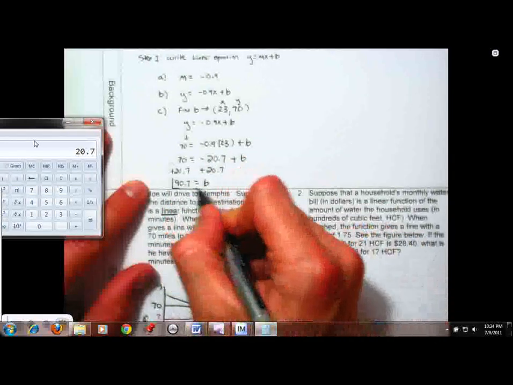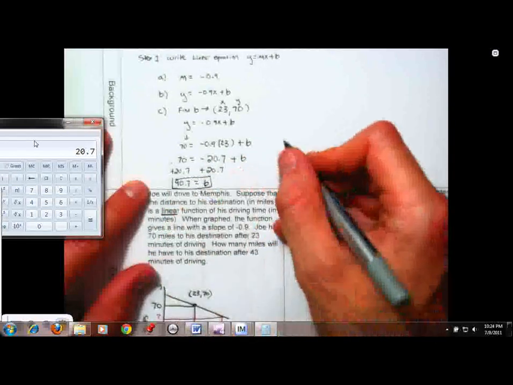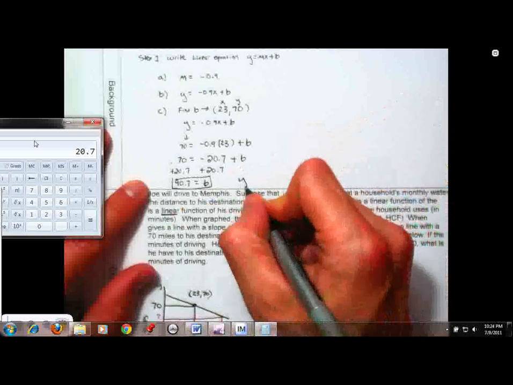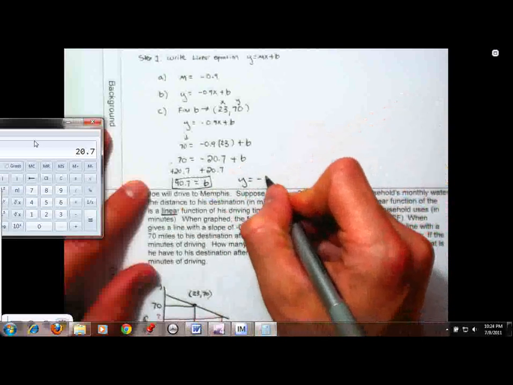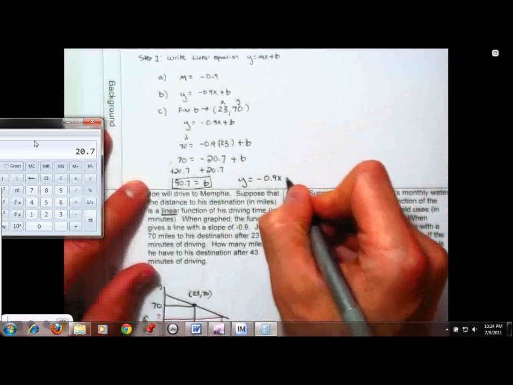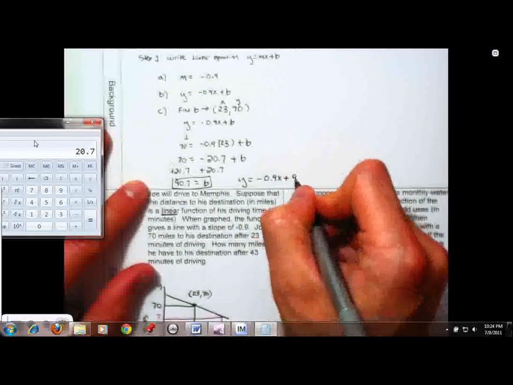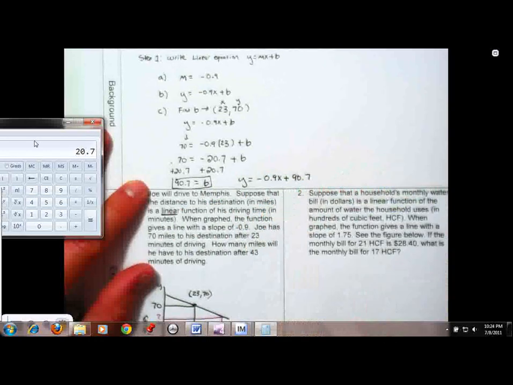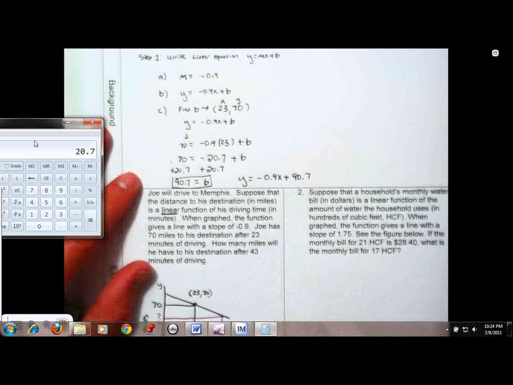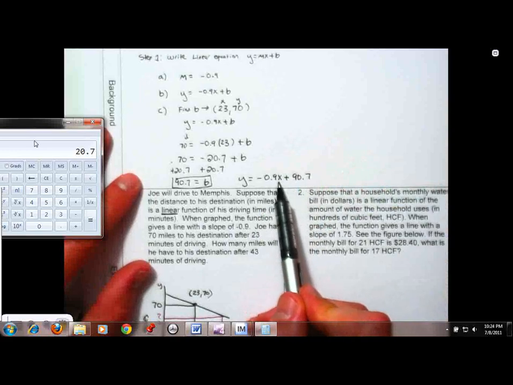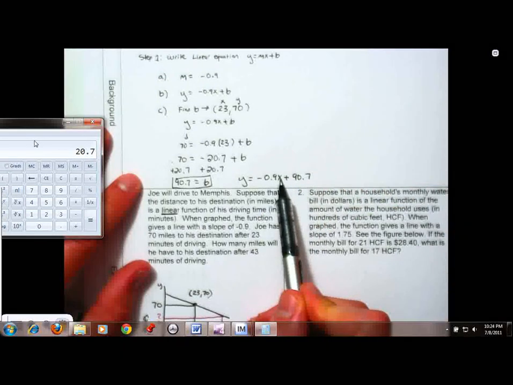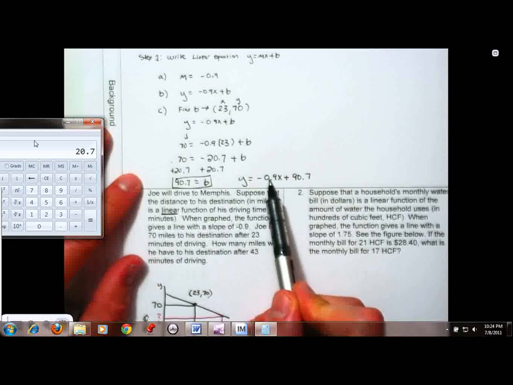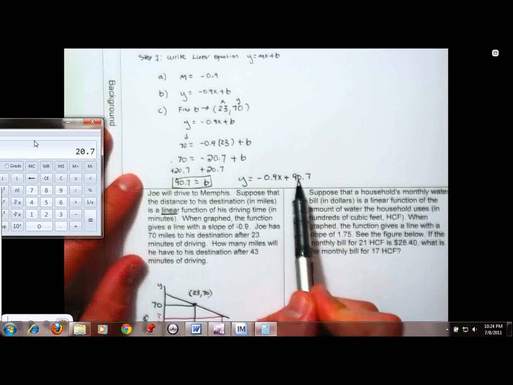So now I have my equation. If I plug everything in, I've got y equals -0.9x plus 90.7. What we've just figured out is that if I know any x value, I can plug it in and figure out its matching y value.